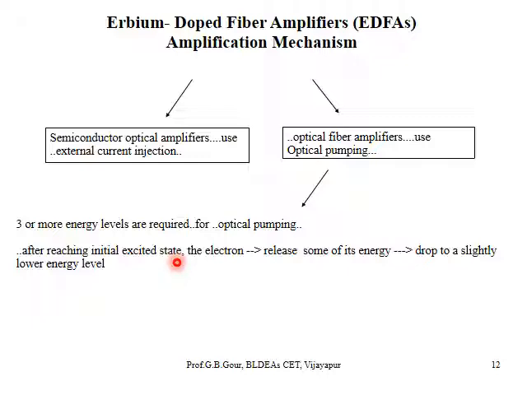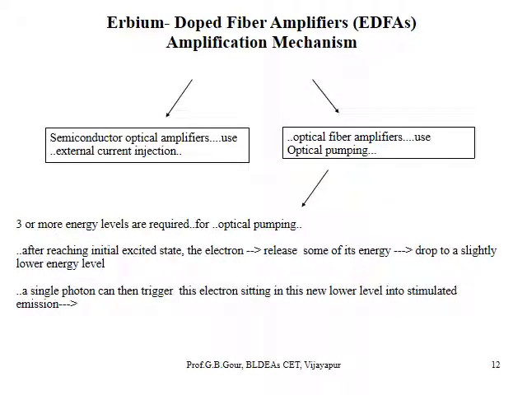After that, it will jump back to the lower energy level by releasing some of its energy. So a single photon can then trigger this electron sitting in the new lower level. Now it is sitting in the lower energy level, ready for stimulation either by charge carriers or photons. In optical pumping we are using photons. Photons come here to trigger the electron sitting in the new lower energy level, which leads to stimulated emission.